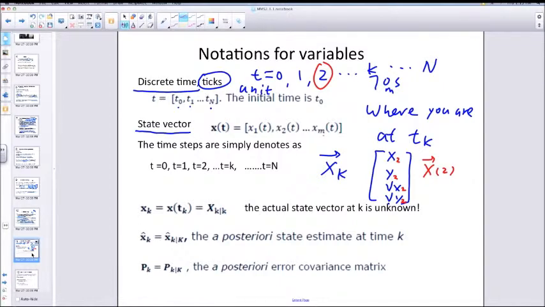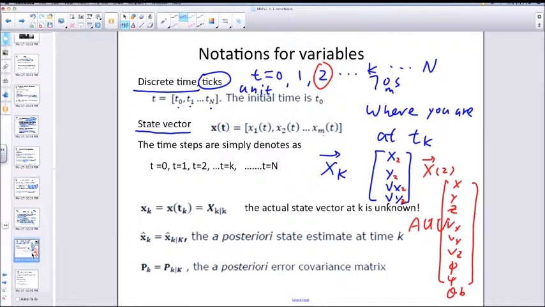For example, my AUV, autonomous underwater vehicle, I need 9 at least design parameters, probably 14: x, y, z, vx, vy, vz, and the 3 angles, the pitch angle, yaw angle, and the roll angle, and the time bias, and the drift, all those things. So that's pretty complicated in itself.